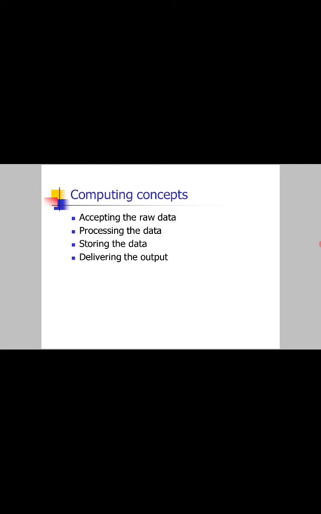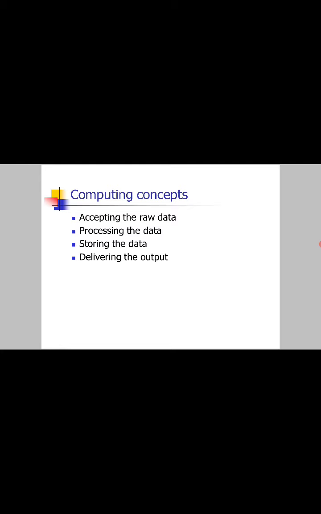So there are three important concepts. First one is input unit, second one is processing unit, third one is output unit. Input unit simply accepts the raw data from the users and decodes it into a machine or computer readable form.